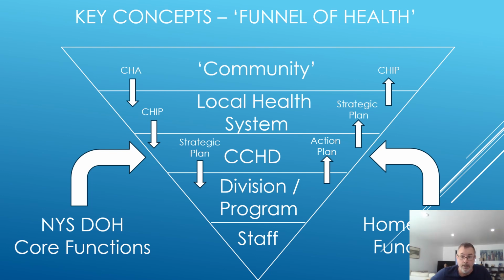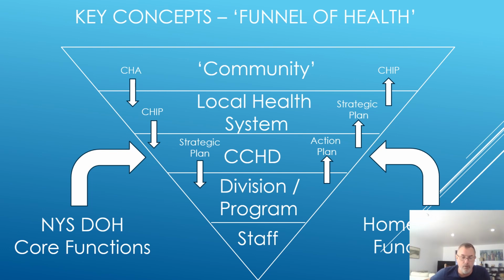Okay. That's good, right? The strategic plan not only comes from CHIP imperatives and CHIP goals, but it also comes from our New York State Department of Health core functions and from our home care functions. You're familiar with the Article 6 funding, the 5 or 6 different things we have to do for Article 6.